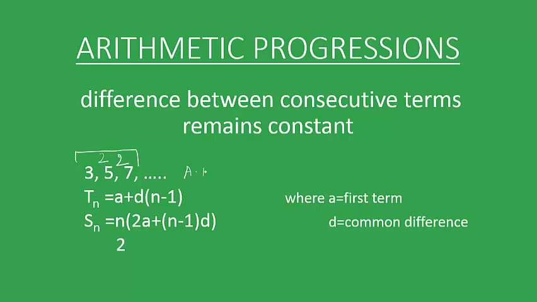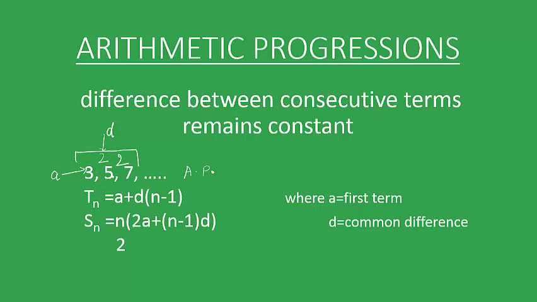Okay. So after we've characterized a sequence as an arithmetic progression, there are two important things to note. The first term is represented by A, and the common difference is represented by D. As you have simply noted, this is a sequence.